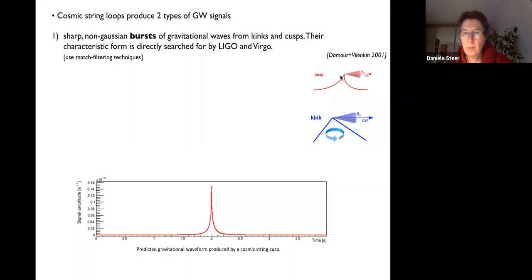A cusp is a point that goes at the speed of light, and it emits a burst of gravitational waves. And a kink is a discontinuity in the tangent vector of the string that also emits gravitational waves. You can calculate the waveform of that. It has a characteristic form, and you can look for it in the data. And that's what the LIGO-Virgo collaboration does.